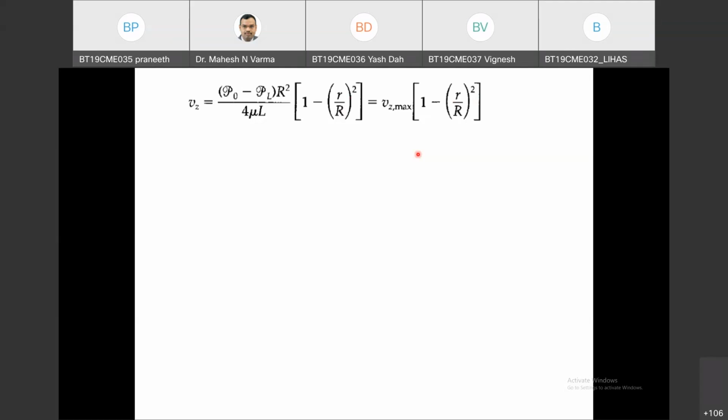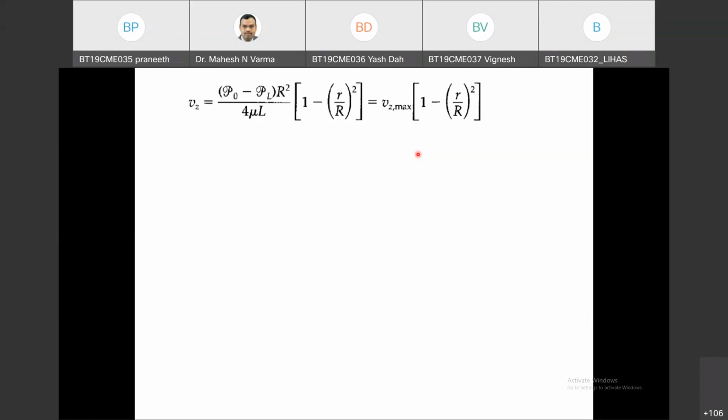X, Y, Z, or R, theta? This is R, theta and Z. In the earlier classes we discussed Vz as a function of r, with variation in the Z direction.